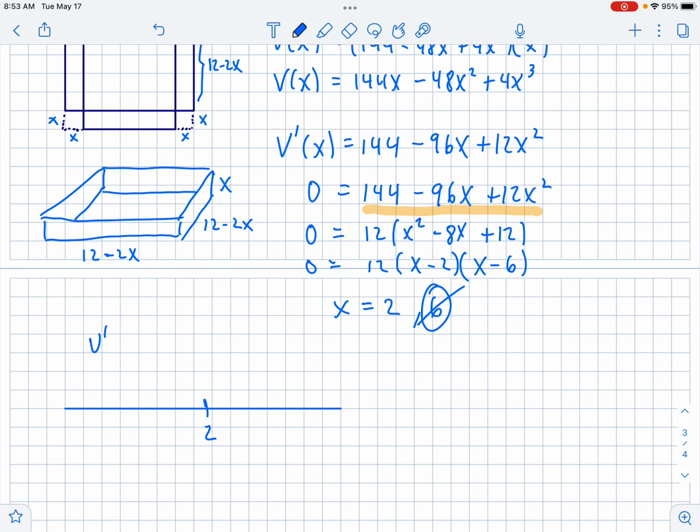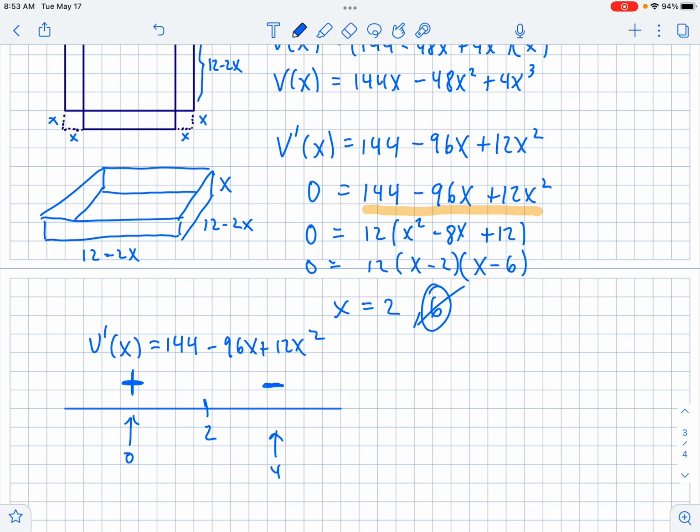Quick zone test. Put a 2 down here. Use your derivative, the original one. So this is 144 minus 96x plus 12x squared. And then throw a couple numbers in there, like 0 and 4 or something like that.